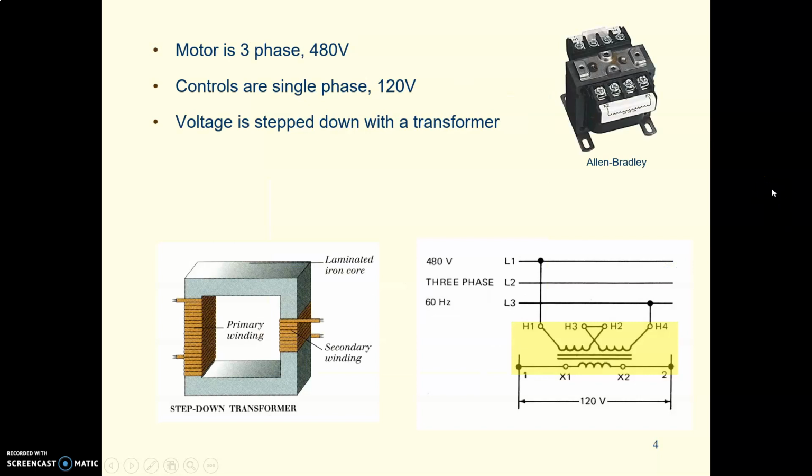So the line voltage comes in and it runs the motor, and the motor is 3-phase and 480 volts, but the controls are not 3-phase, they're single-phase, and they are 120 volts. So we have a transformer in our circuit that steps down the voltage. It's a step-down transformer, and it takes the line voltage from 480 volts down to our control voltage of 120 volts.